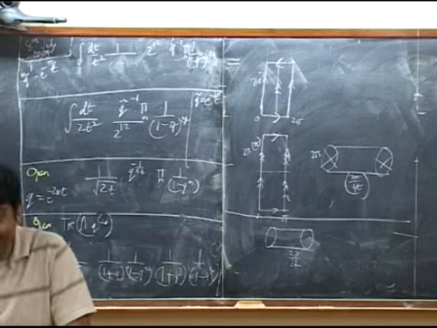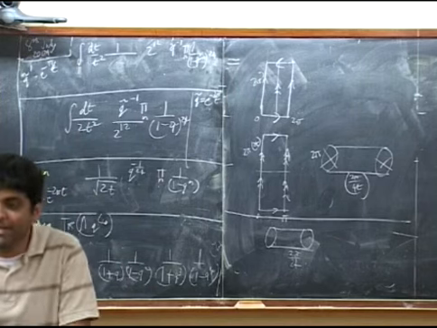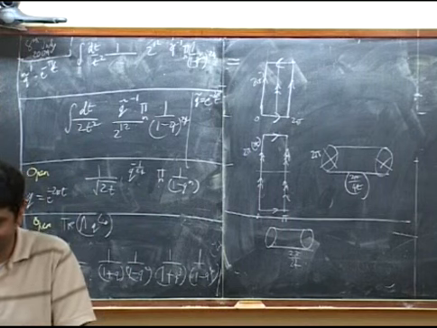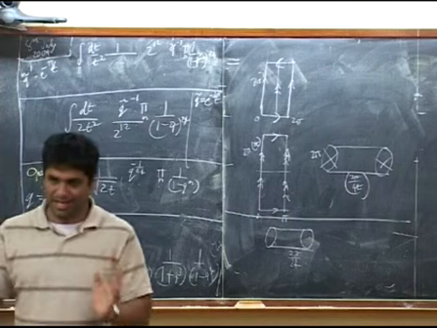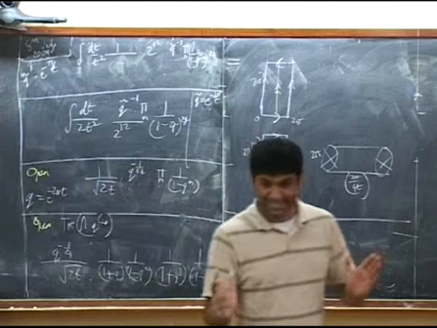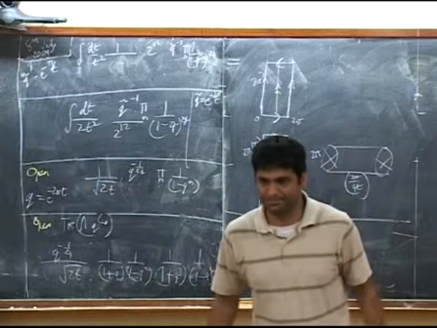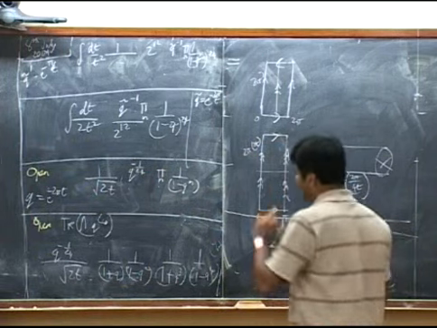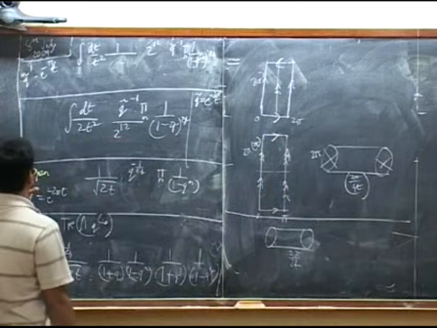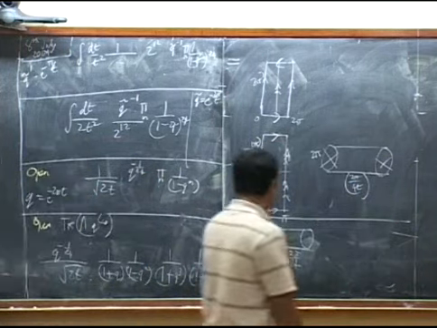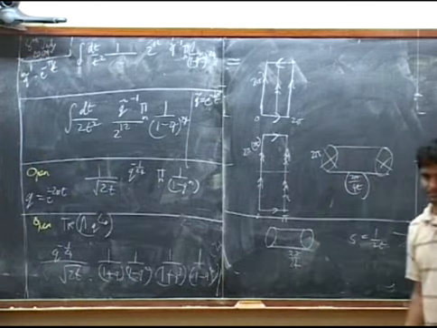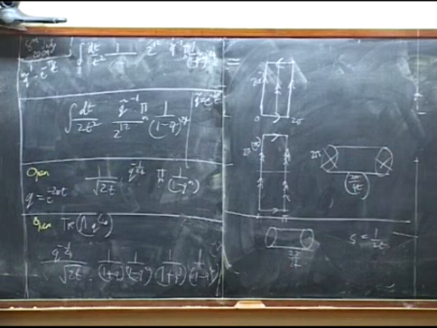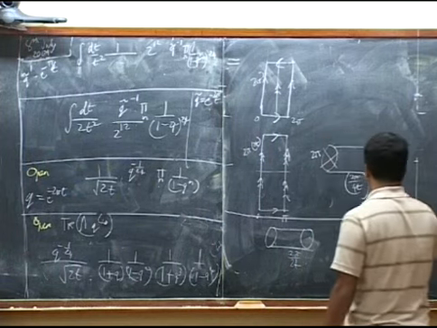Now, what is S? S should be the length over which the closed string propagates. Okay? That's physically what S is. So, in this case, S was 1 over 2t. But in this case, S is 1 over 4t.